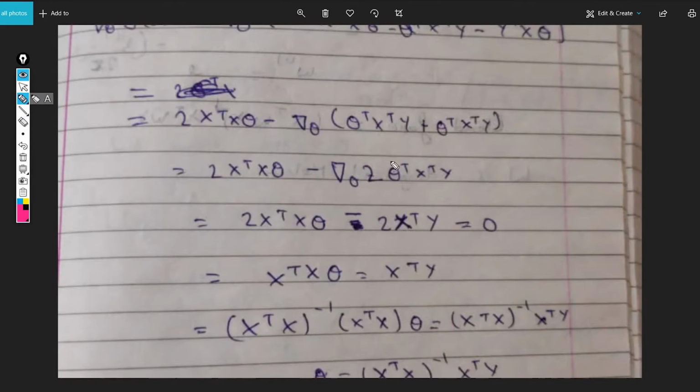Okay, so the next step is, let's put them equal to 0. And the reason we are doing this is because you can see they are almost same. Like, let's say we have 2x theta common in both of them. Y is this, and this is nothing but predicted value of y.